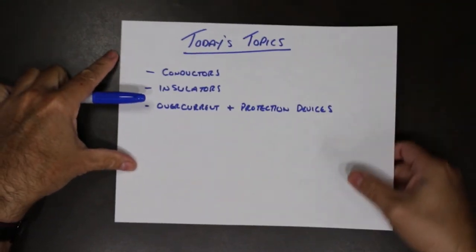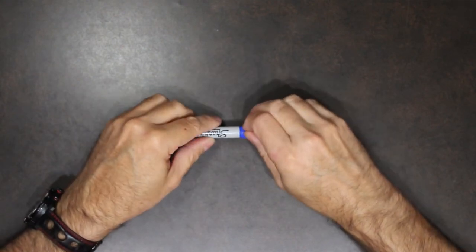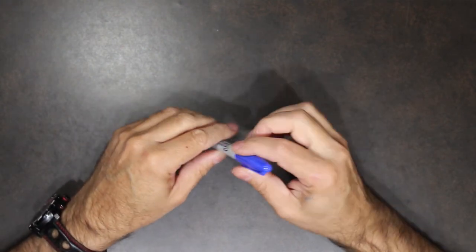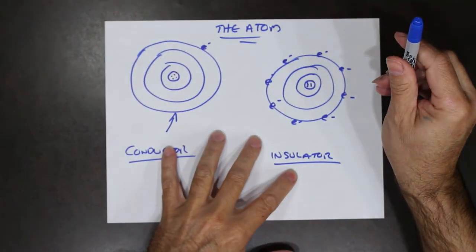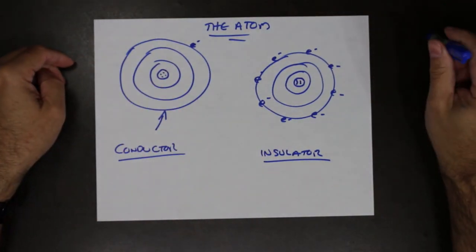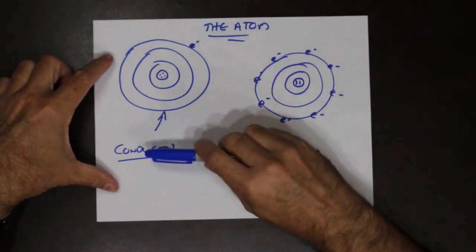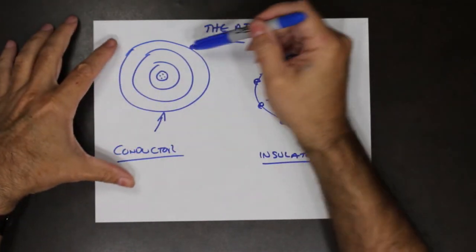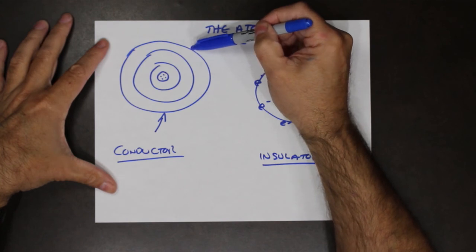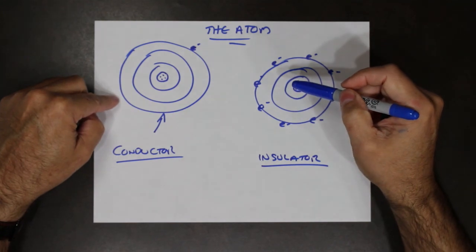So let's get started. If you remember from your basic electronics classes first semester, what makes a conductor and what makes an insulator actually comes down to the atomic structure of whatever material it is. What makes a conductor is fewer electrons in the outermost shell of any atom.